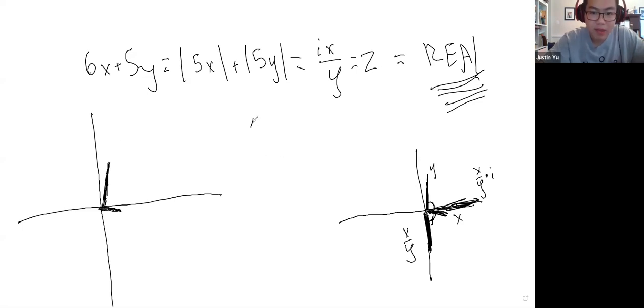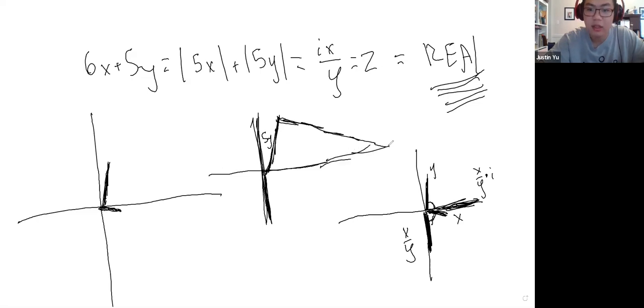We're going to be doing the same thing here. We're going to be making this picture. So I'm going to scale out, and I'm going to label this as 5y, and I'm going to label this as 6x. Remember, they still make that 90-degree angle with each other. And it's going to land right here. What shape have we just created?